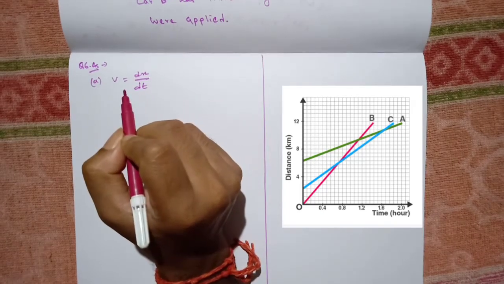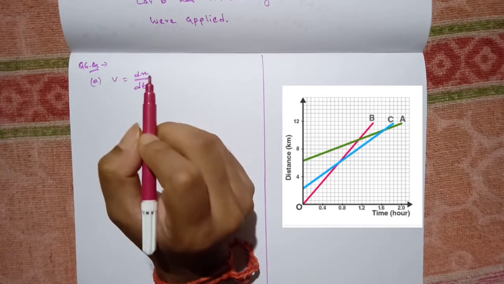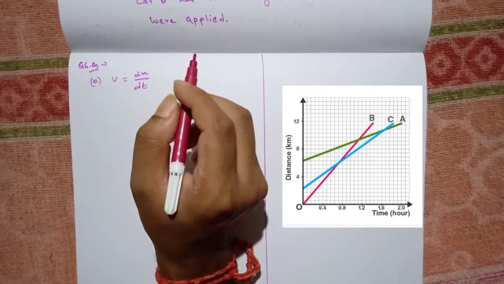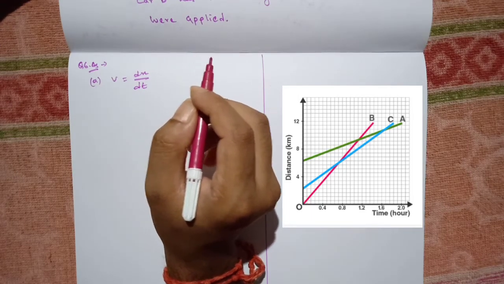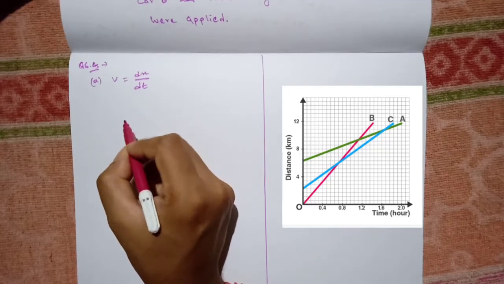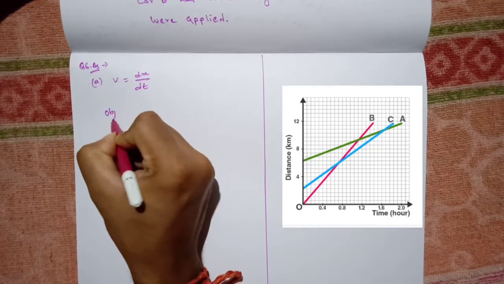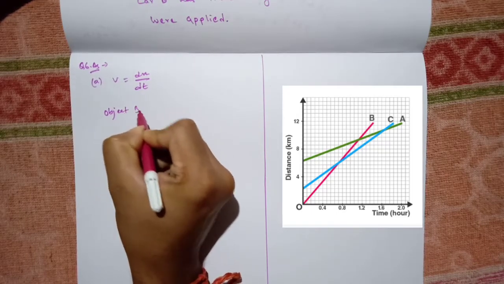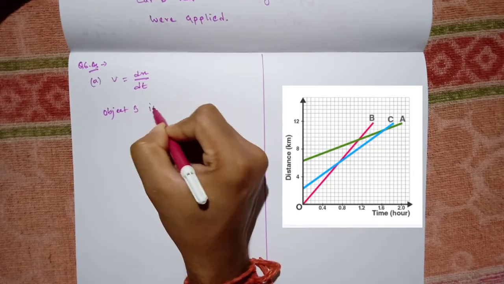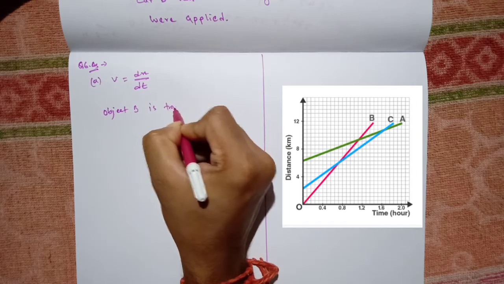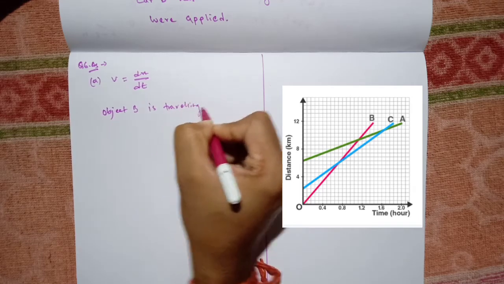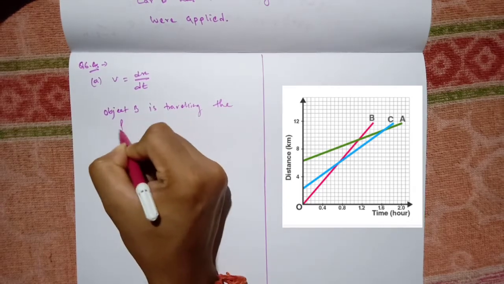That means the slope having the maximum rise will be the fastest. So here we can say that the slope B, or the object B, is traveling the fastest.